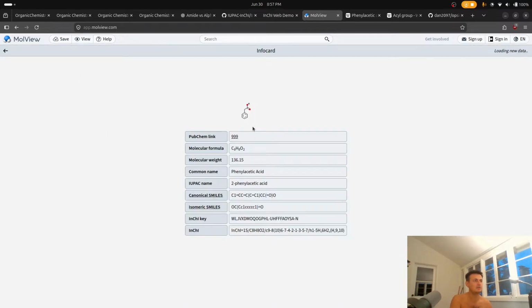I hate how long this thing takes. Two cyclohexyl acetic acid. That's okay. So I did get it right.